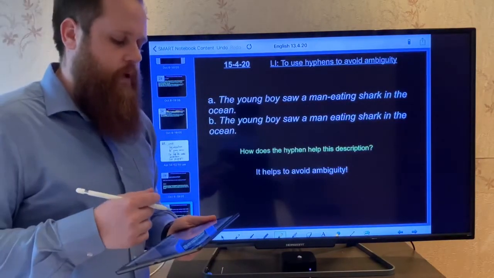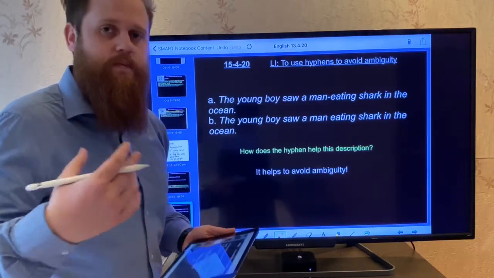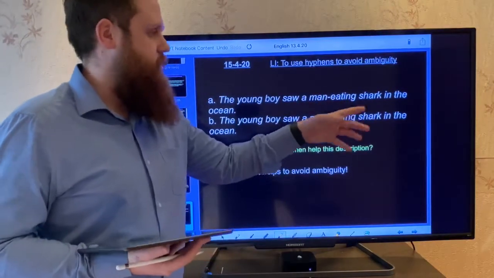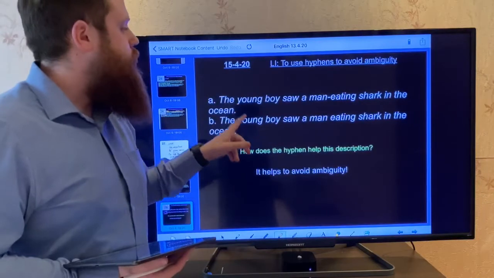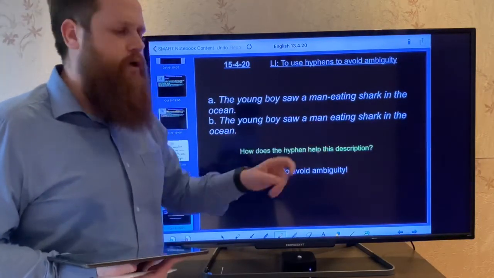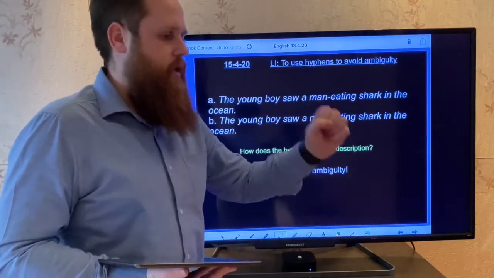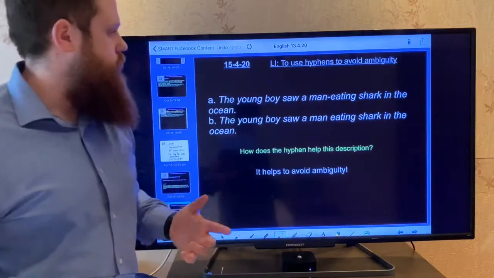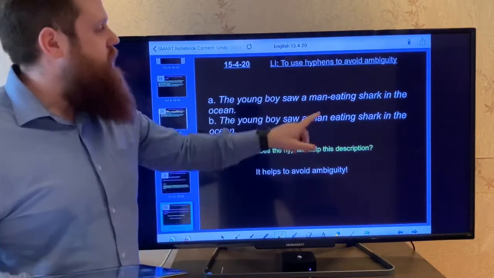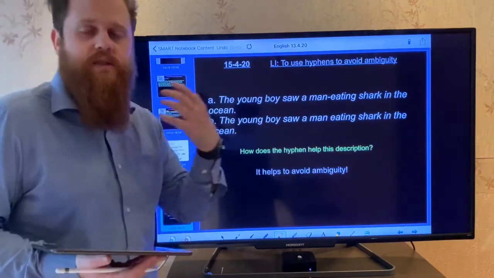So this first one, the young boy saw a shark that eats men swimming around in the ocean, as we would expect. It's a man-eating shark. This one here, the young boy saw a man eating shark in the ocean. This one here could mean the boy walked past and he saw a man sitting in the ocean eating a shark. Well, we are almost certain that this is the one that we probably wanted to use. So this hyphen here has made it much clearer about what we are trying to say to our reader.